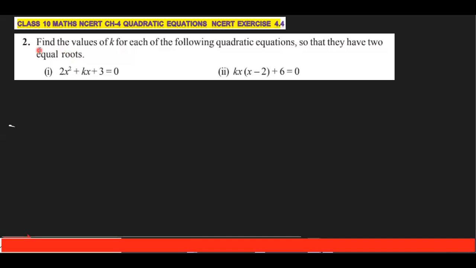Very important question. Find the values of k for each of the following quadratic equations so that they have two equal roots.